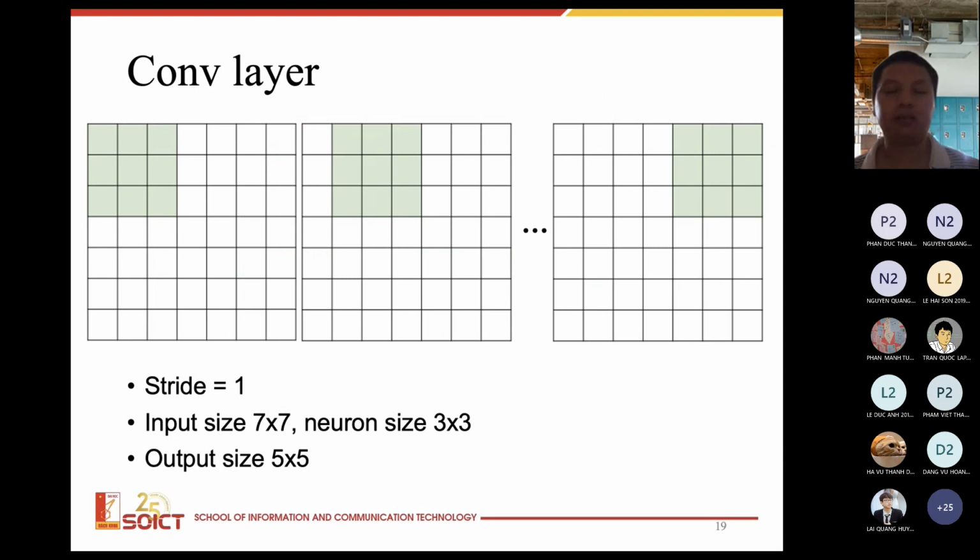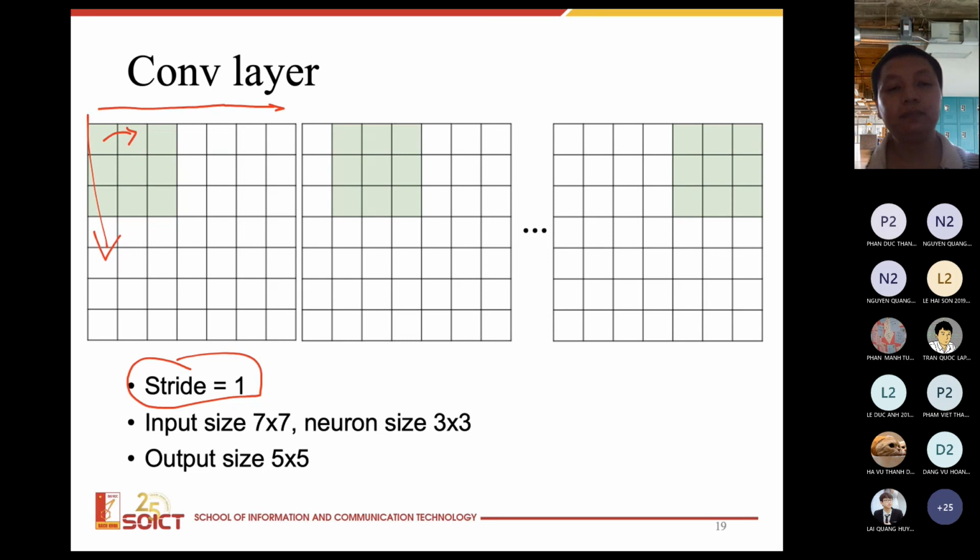So this is an illustration of the convolution layer sliding over the input. You see the direction of the slide is from left to right and from top to bottom. And you have some parameters for the slide, such as the stride. Here the stride equals 1, so you move 1 block from left to right and from top to bottom.